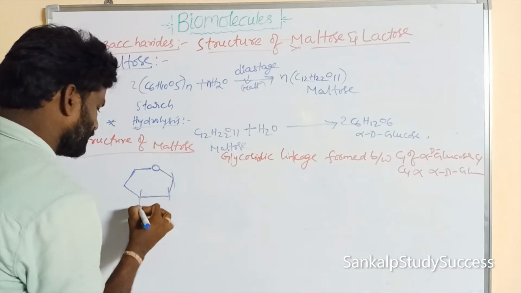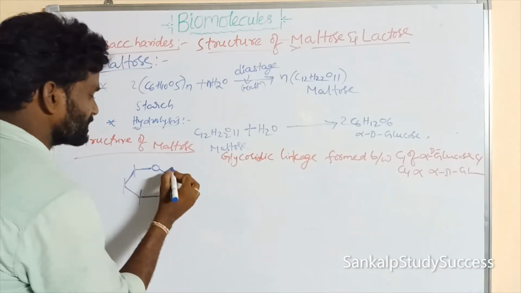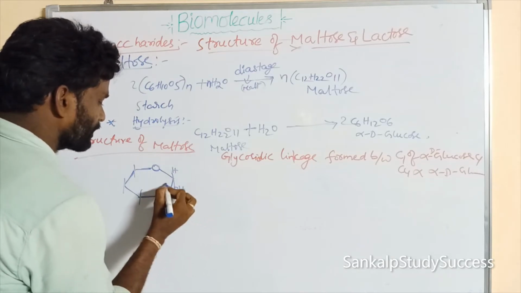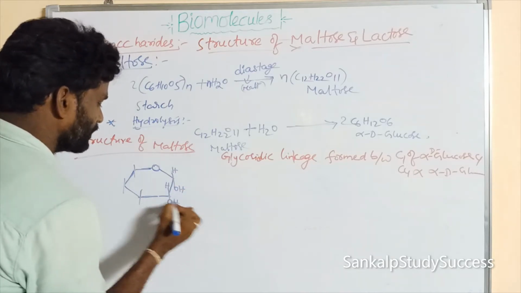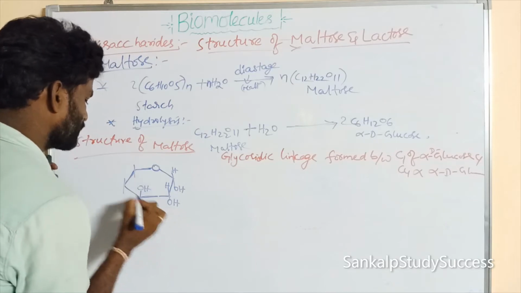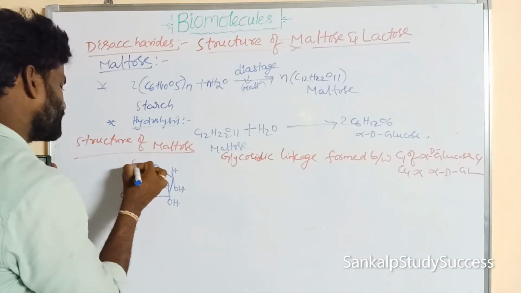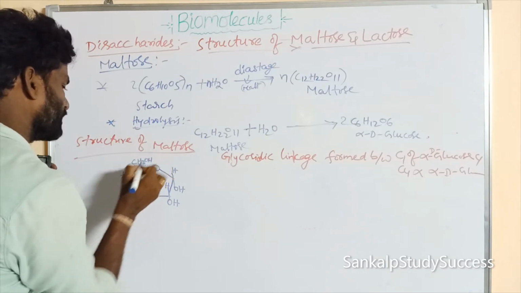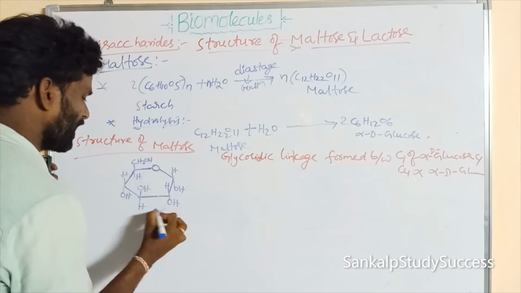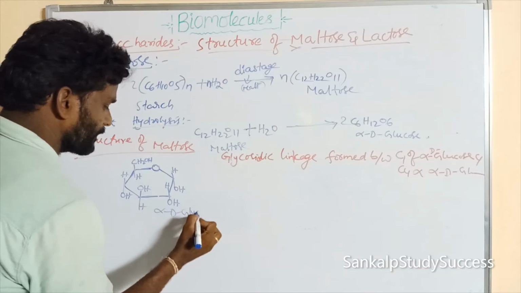These are the substituents: H, OH, OH, H, OH, CH2OH and H. So this is the alpha D glucose.